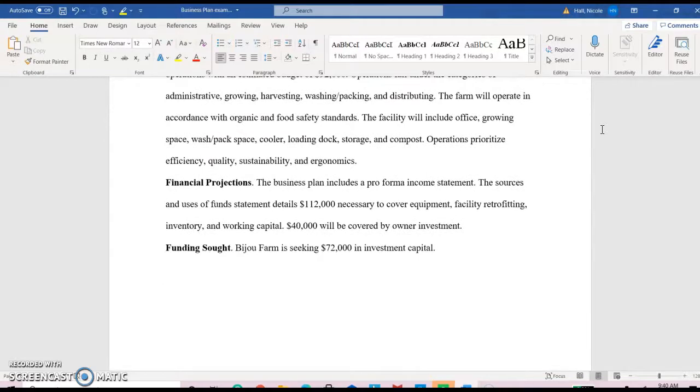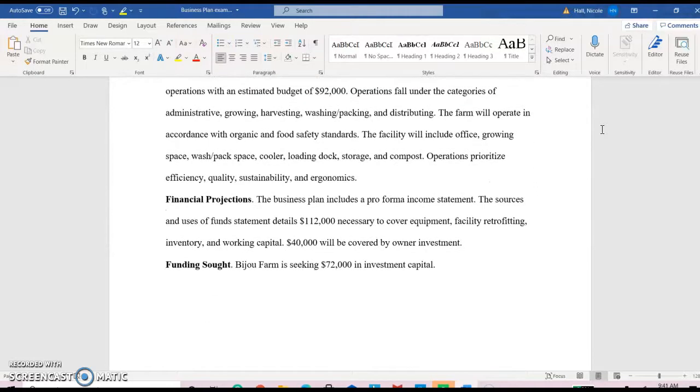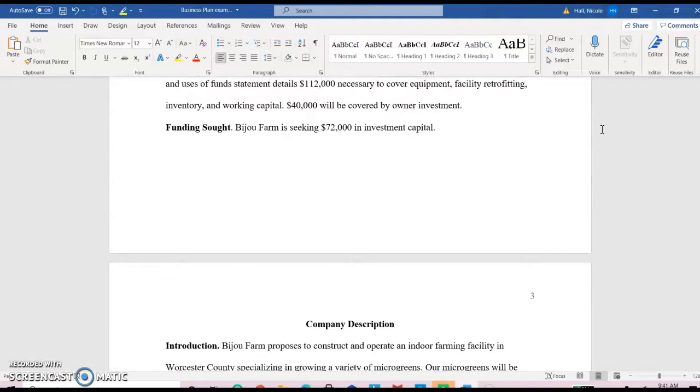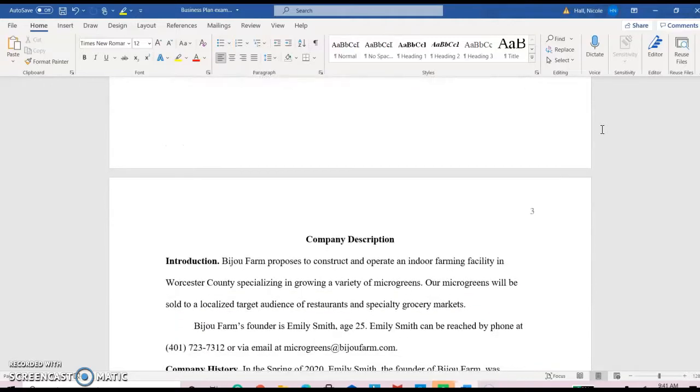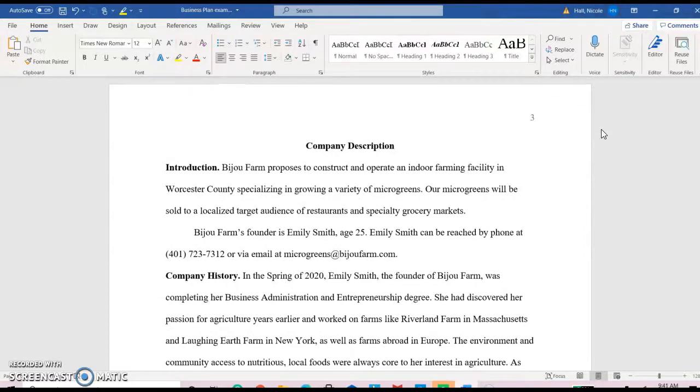So arguably the executive summary is the most important part because oftentimes when you go to the bank and you're looking for a loan or someone asks to read your business plan, oftentimes they may only ask for the executive summary. Okay. So again, that's written last after the entire business plan is complete. So even though it appears first, you're writing that last.